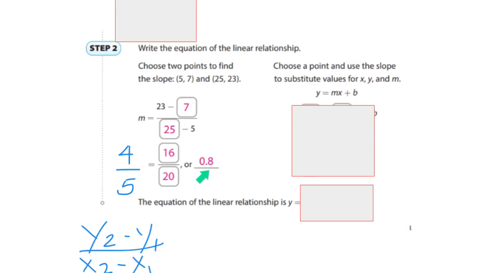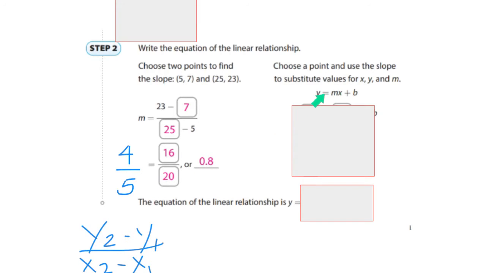But they use this decimal in a good way. They use it to find the b, the y-intercept. So here's your problem, y equals mx plus b. You have to find values for x, y, and m. Now we found m, there it is.